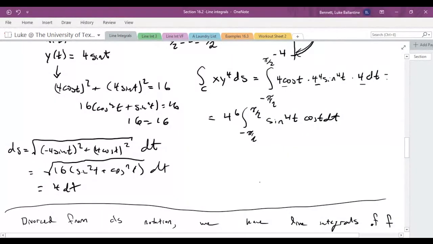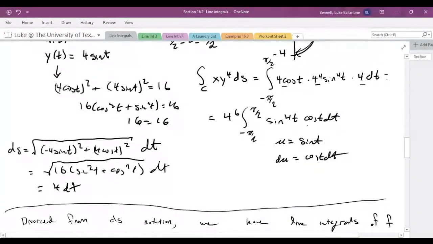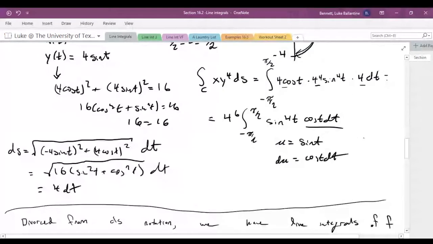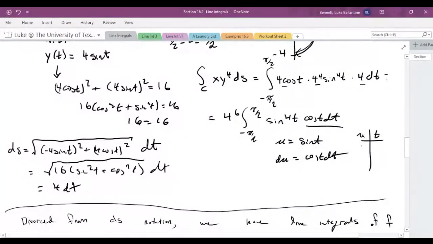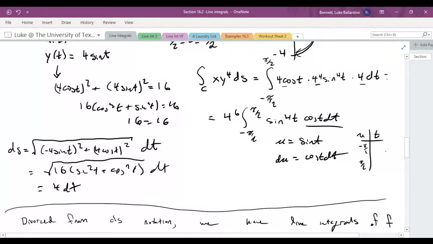Now this is a perfect u substitution. If we choose u to be sine t, then du has to be cosine t dt, which we have. Changing the bounds from t to u, we have negative pi over 2 to pi over 2, which would be from negative 1 to positive 1 with sine. Sine of negative pi over 2 is negative 1. Sine of pi over 2 is positive 1.